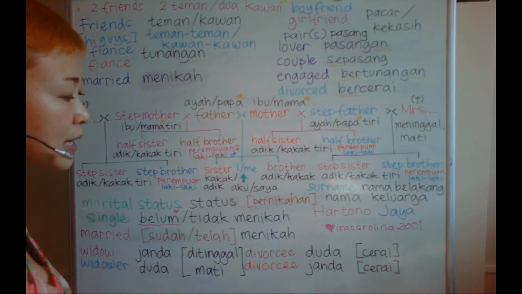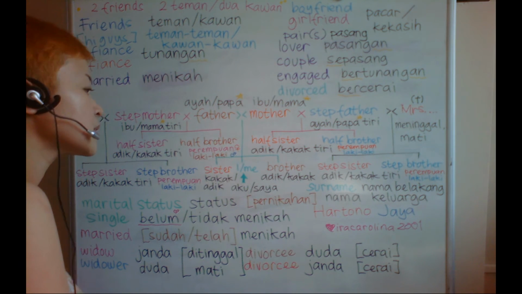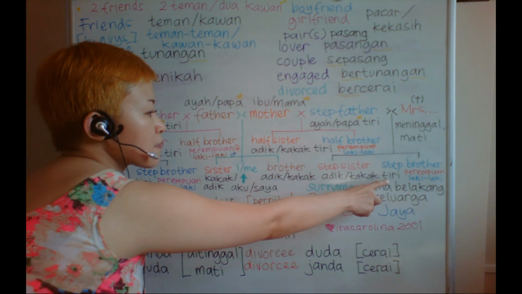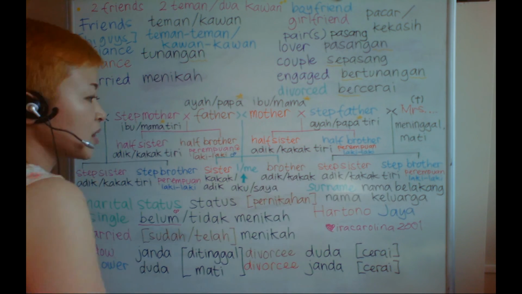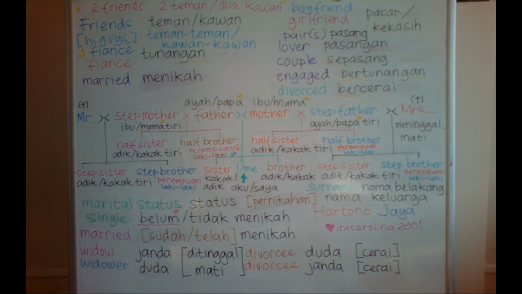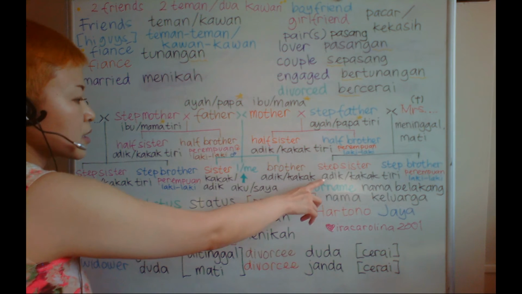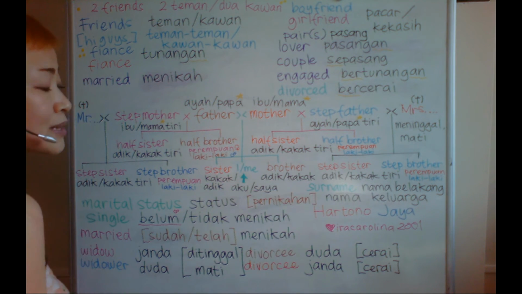In Indonesian language or Bahasa Indonesia, we don't have a difference in words. You just have to put the tiri. You put the space first and then you put the tiri at the back. We are more into the younger or older.